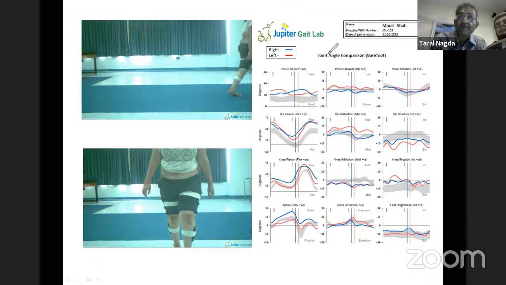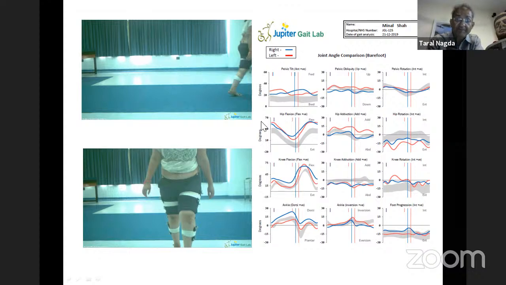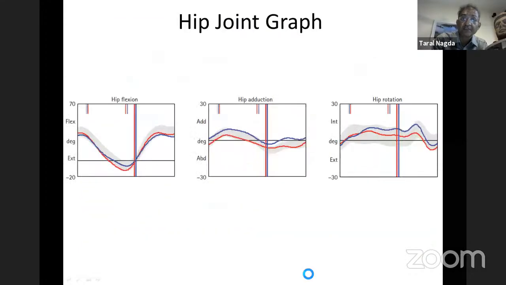So hip flexion can be responsible for knee flexion because whenever the hip is flexed, the pelvis is tilted anteriorly, and in that case, the ischial tuberosities are raised up, and that may give rise to a secondary apparent knee flexion attitude when the child is walking. So this was about the hip flexion, and you note it here.